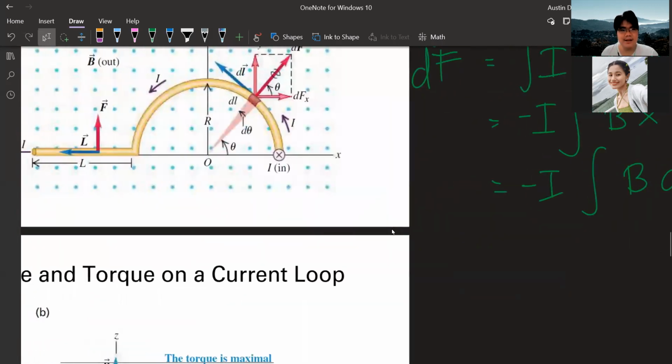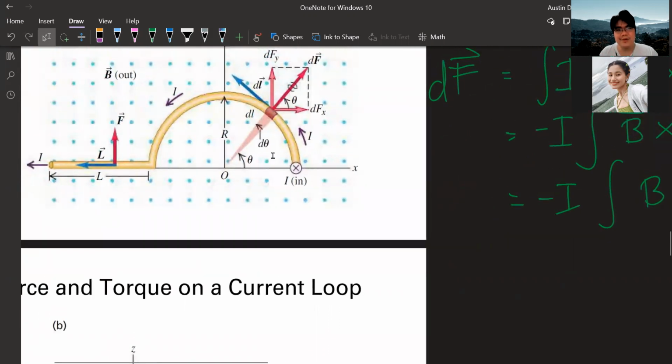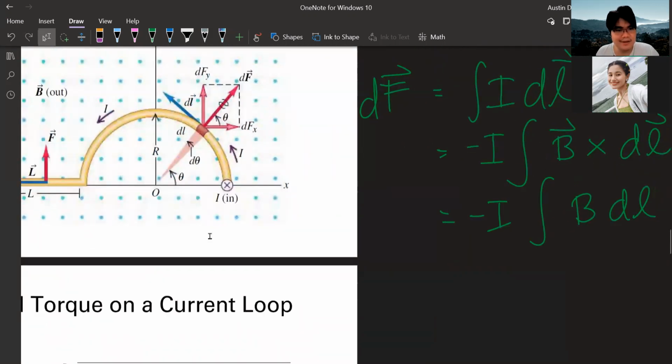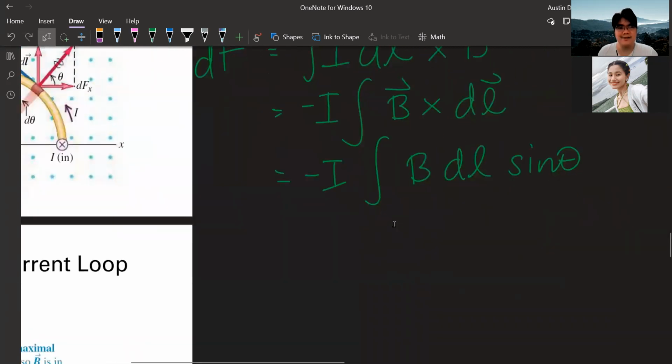So si DL natin, itong L na path natin, this is arc length to, di ba? Arc length. So therefore, we could express this as yung formula natin for arc lengths.